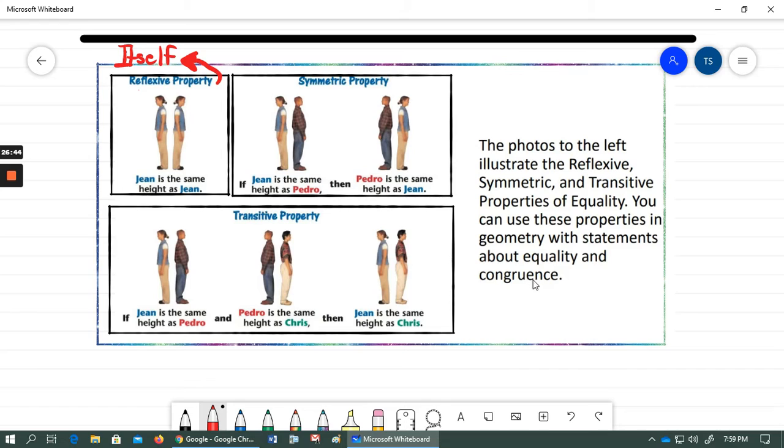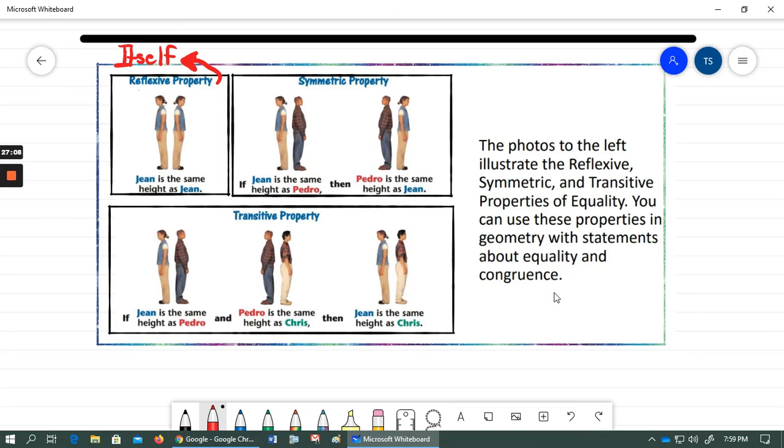So again, folks, the reflexive property compares a value or a geometric figure to itself, where you can write out that the value is equal to itself, or the geometric figure is congruent to itself.